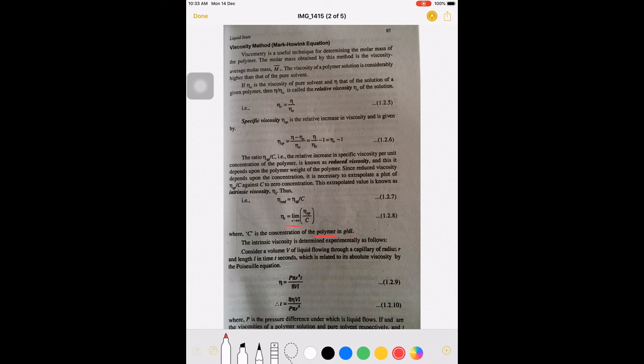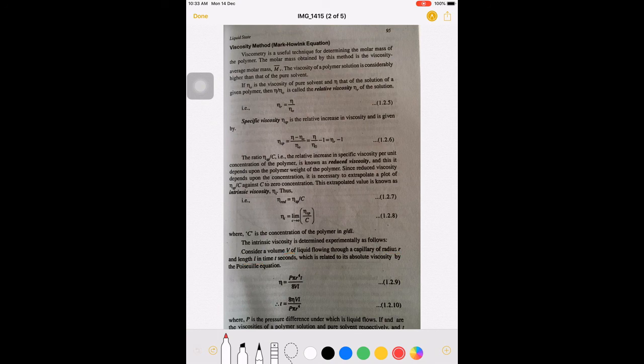The intrinsic viscosity is determined experimentally as follows. Consider a volume V of liquid flowing through a capillary of radius r and length L in time t seconds, which is related to its absolute viscosity by the Poiseuille equation. Now see this equation here.